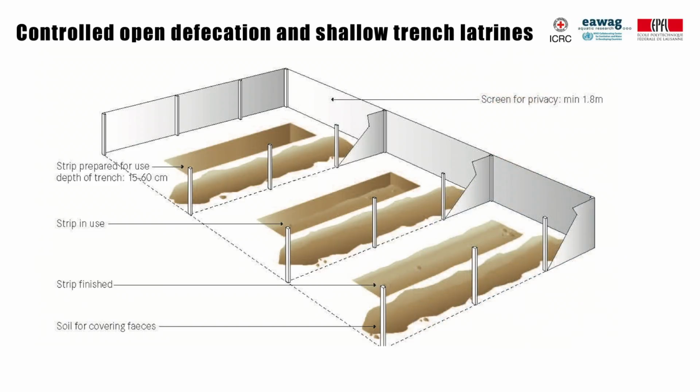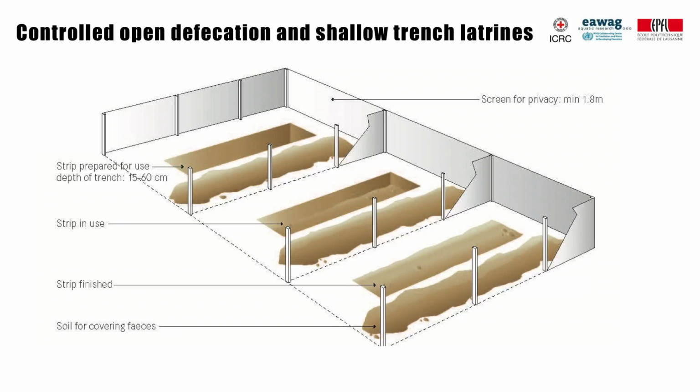Therefore, usually the first measure until materials for improved latrine construction are available is to control the open defecation that is going on. This means that designated areas should be allocated where open defecation is allowed. For example, a field away from health centers, schools, or food places such as kitchens and markets.